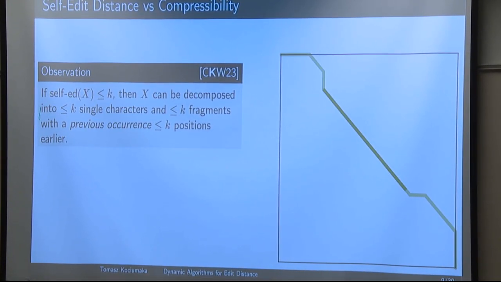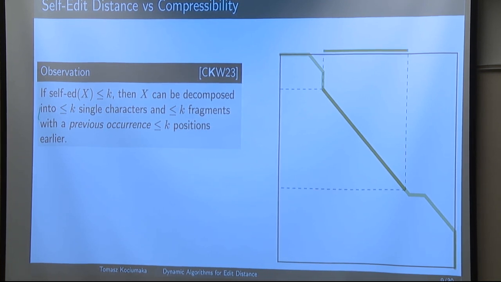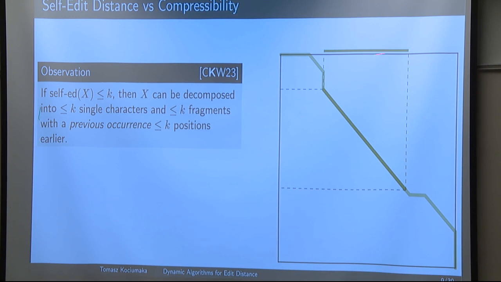So, in particular, let me show it again for this long segment. It occurs in the horizontal string, but it also can be mirrored here, and then this occurrence occurs slightly before. And this is periodic, whenever this is a long string, like longer than k.